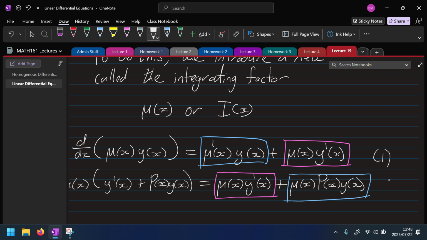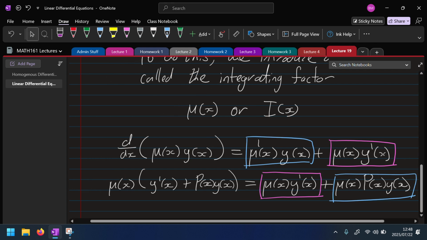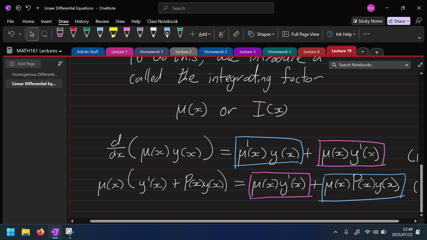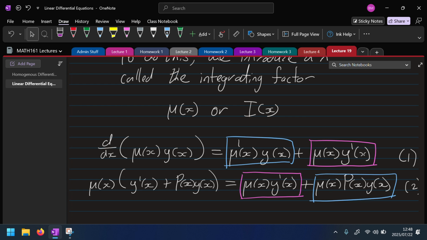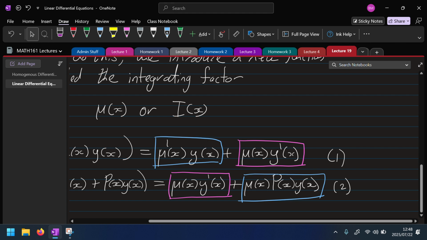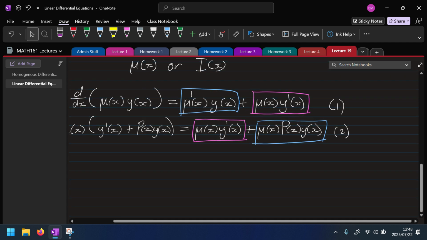Okay, so we've got two equations, 1 and 2, and we want these to be equal. So the derivative of the product, that's equation 1, and then the integrating factor times that left-hand side, that was equation 2. We want these to be the same, which means the two pink parts must be the same, and the two blue parts must be the same.